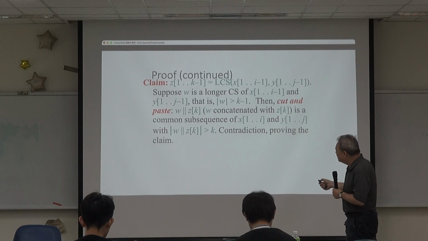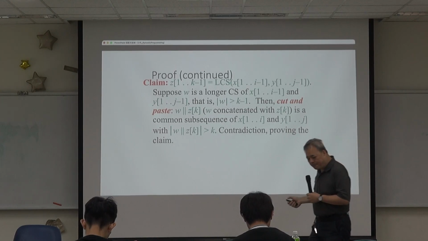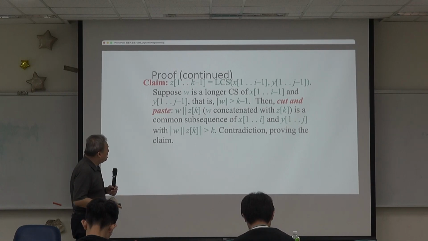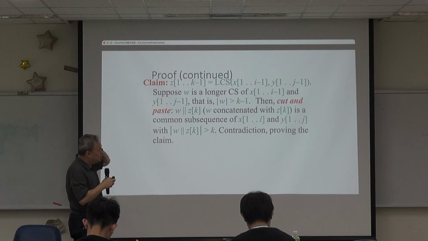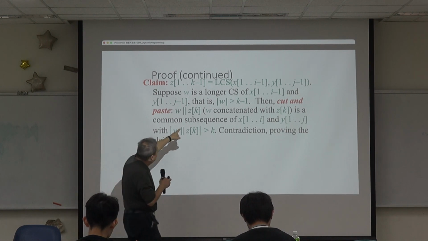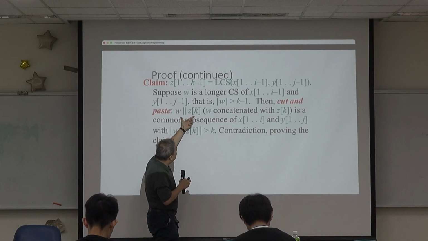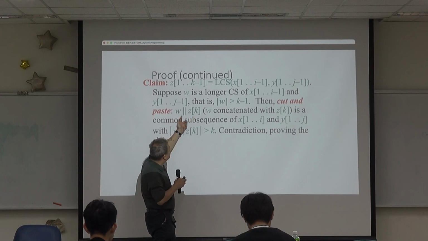Because if W is a longer common subsequence of these two prefixes, with length longer than k minus 1, then we can just append the last matched character to the end of W to make an even longer common subsequence.